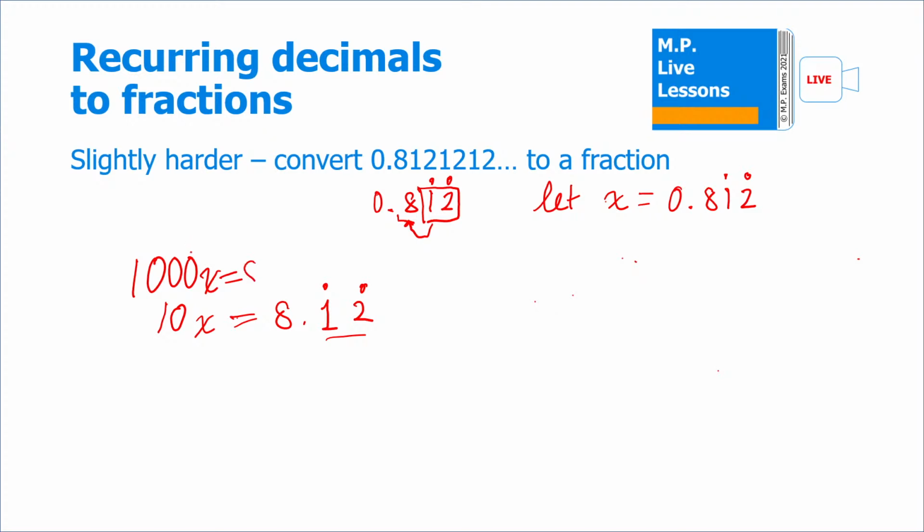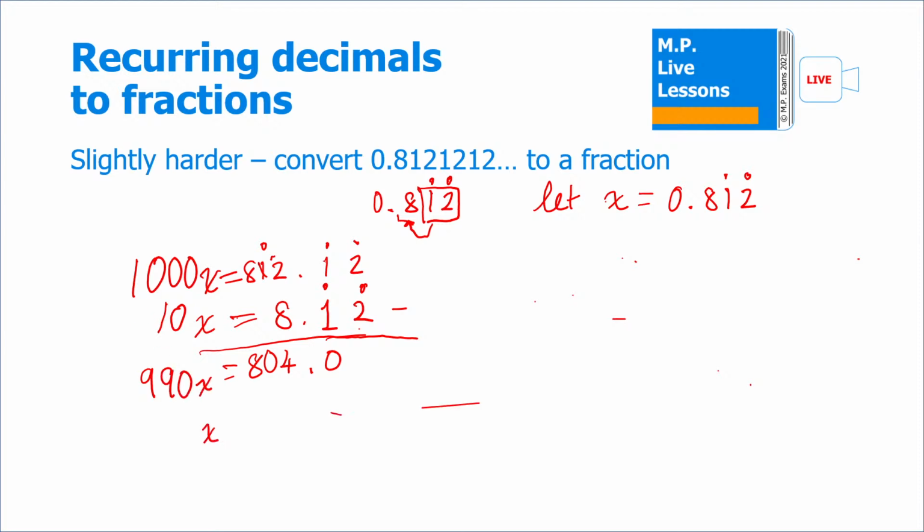This eventually gets 812.12 recurring because this 1, 2 will keep going on forever. And if we subtract both sides, what happens is these two recurring bits will just cancel out nicely. And you're left with 804 on the right for a value. And on the left, 1000x take away 10x, that would be 990x.